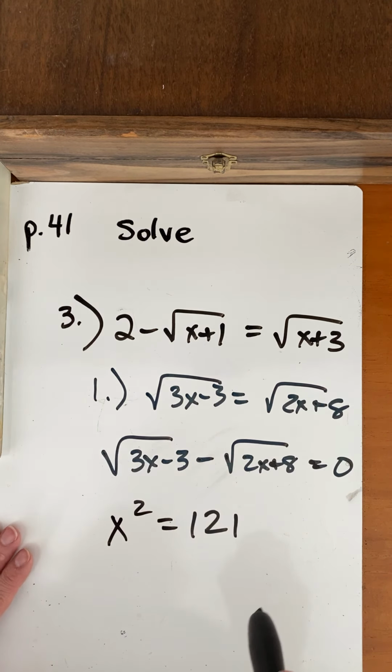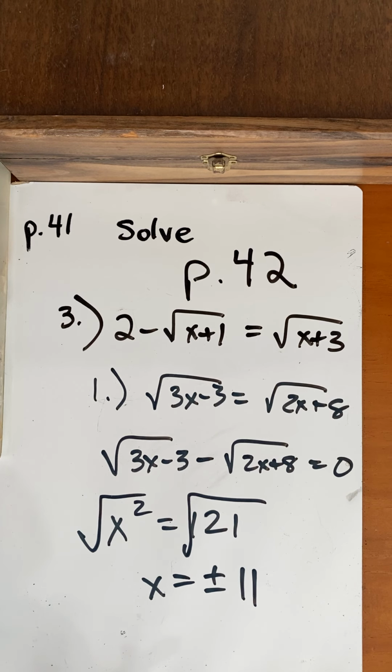Okay, so what I want everyone to do now is turn to page 42, and there's 1, 2, 3, 4, looks like there's 5 problems there I want you to do.